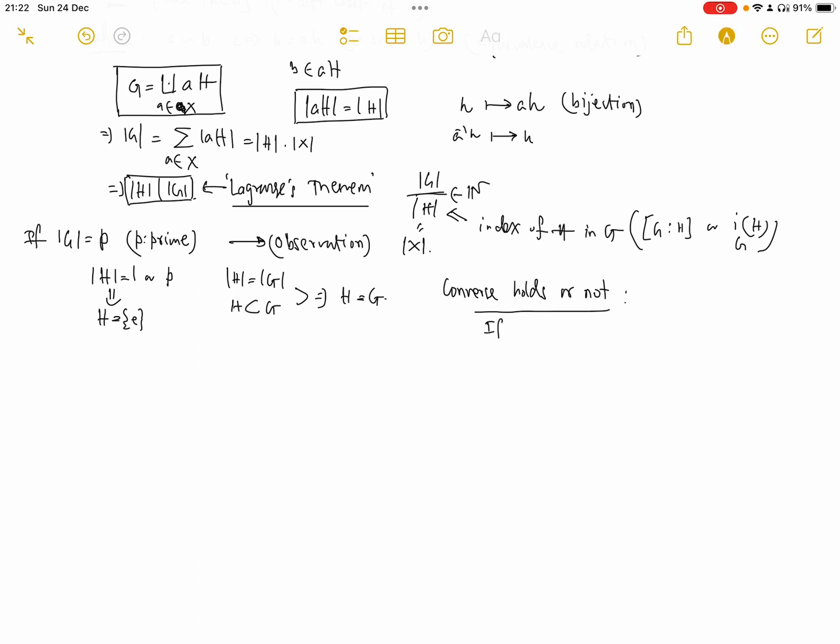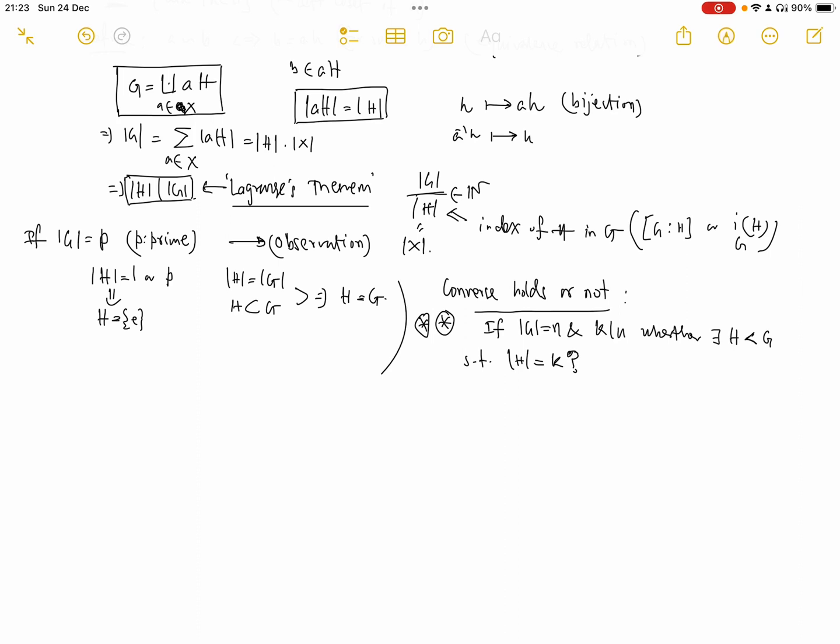So if the order of G is n and k divides n, whether there exists a subgroup H of G such that the order of H is k. So there is a converse question. We will come to it later. There is a natural thing to think about.